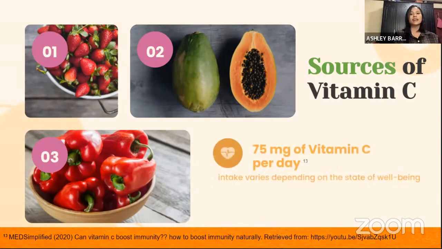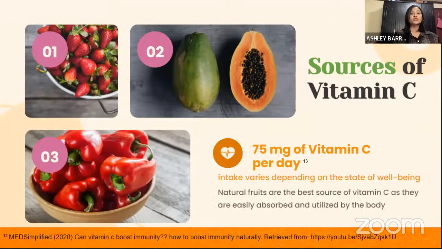It is advised that individuals who are in good condition should intake around 75 milligrams of vitamin C per day. However, intake may vary depending on your state of well-being. So if you're sick, then you would need to increase your vitamin C intake. Natural fruits are the best source of vitamin C as they are easily absorbed and utilized by the body.